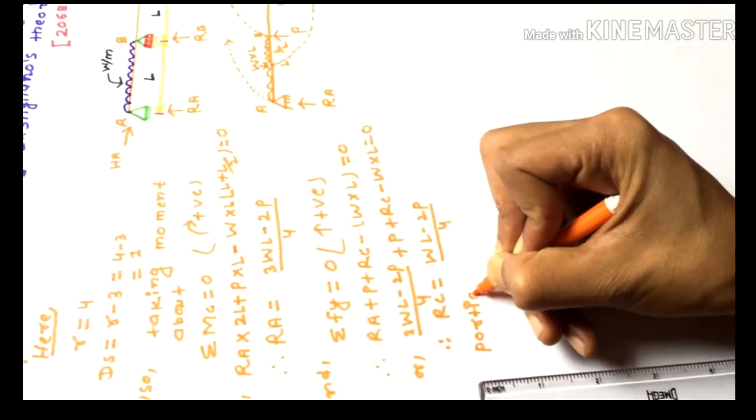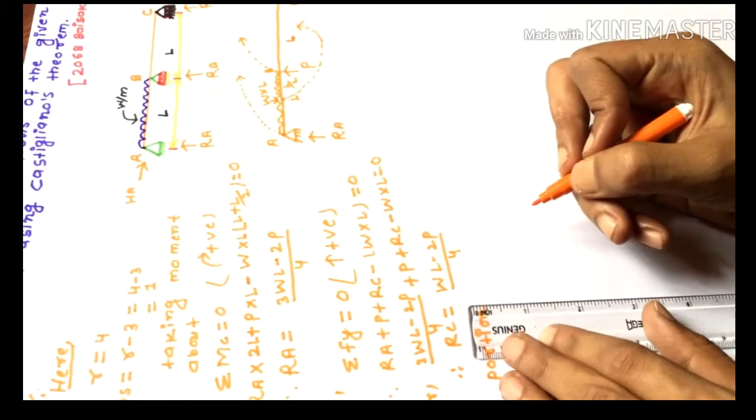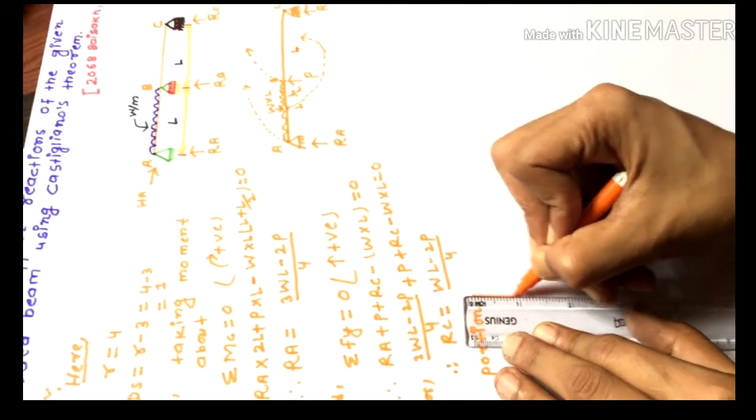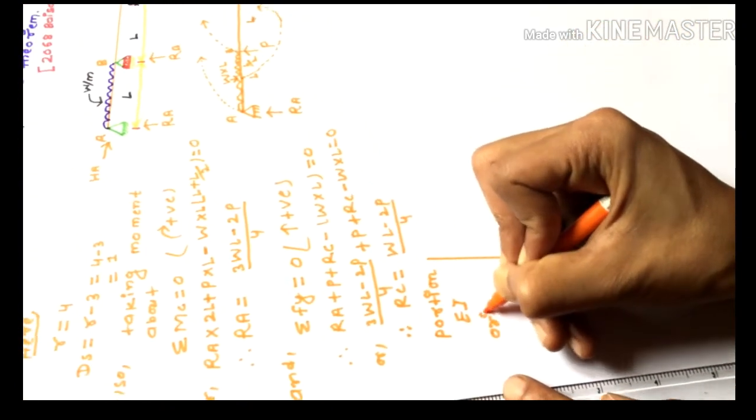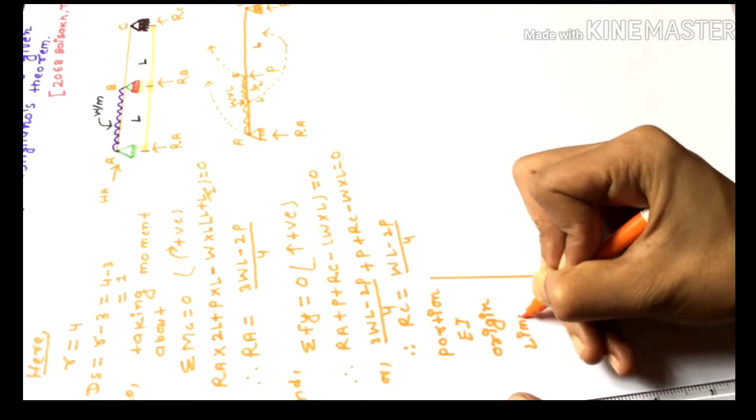Here, first portion, next EI, origin, limit.